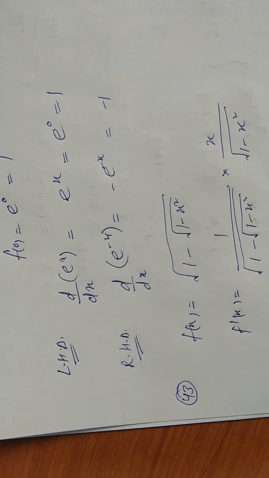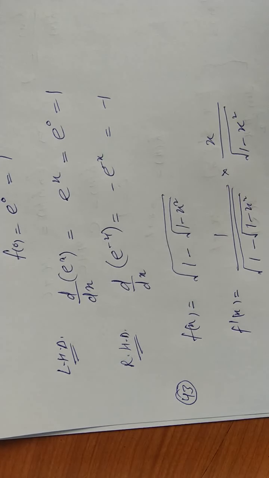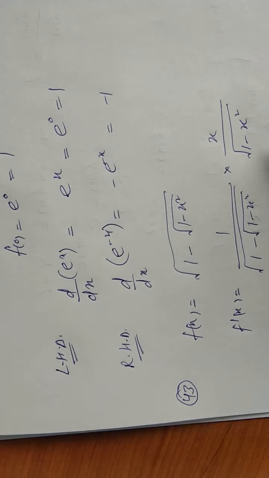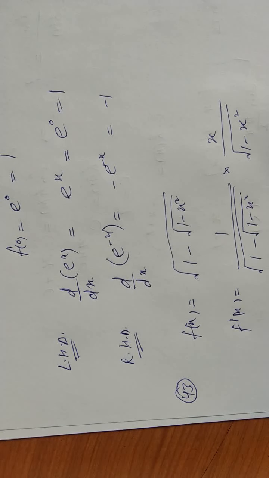Since f(x) is not defined on the right side of x is equal to 1 and on the left side of x is equal to minus 1, we also know that f dash x tends to infinity when x tends to minus 1 positive or 1 negative. Let's check differentiability at x is equal to 0.